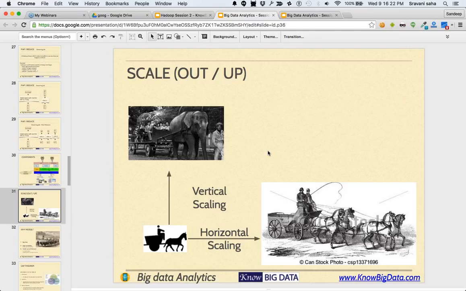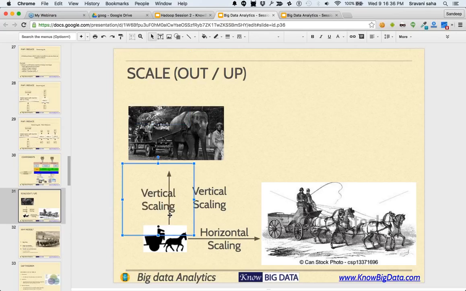All right. So before we talk about anything, let's first understand what it means by scaling out or scaling up. There are two different terms for the same thing, so I'll be very clear on the terms.